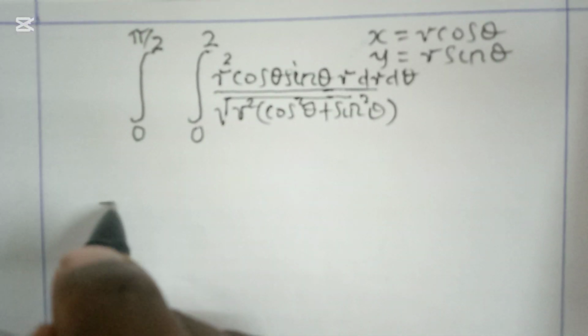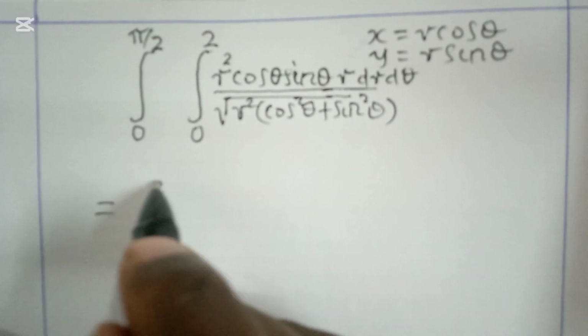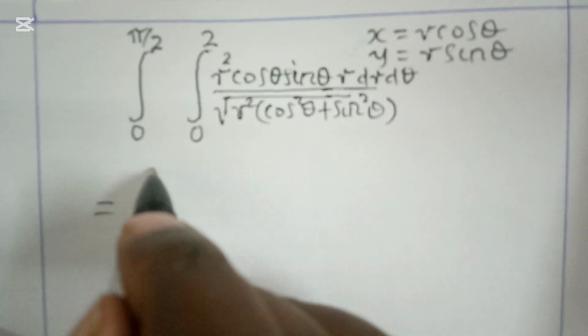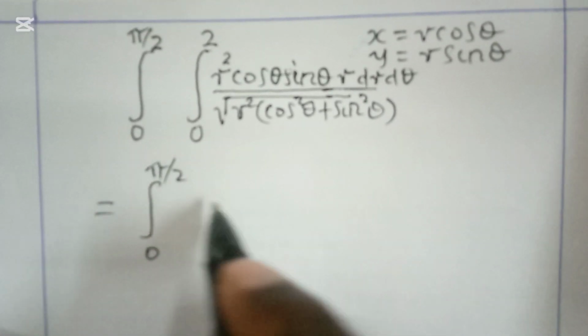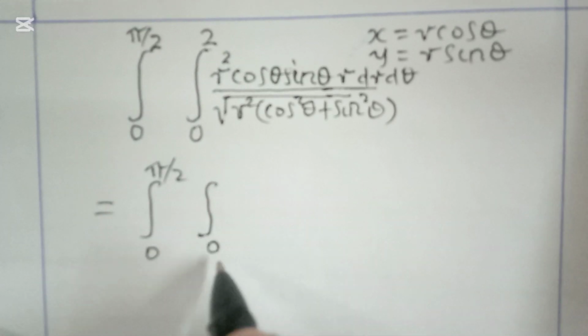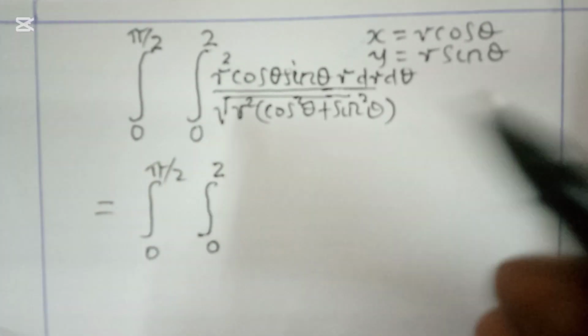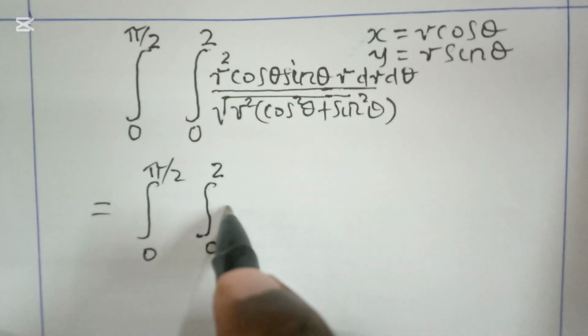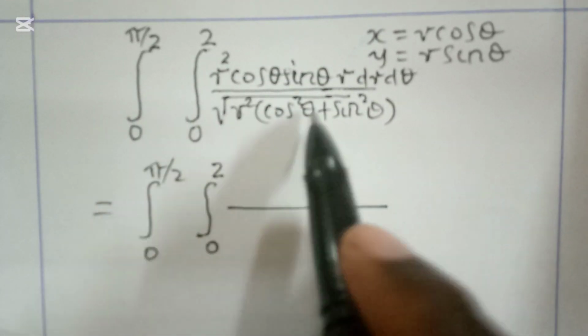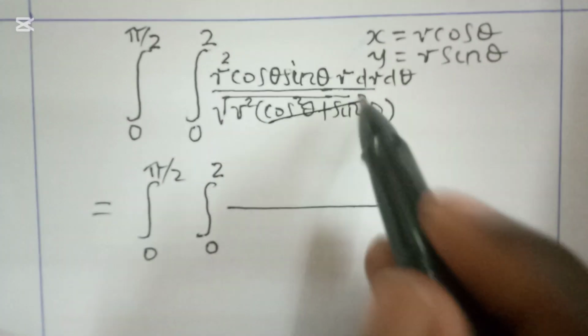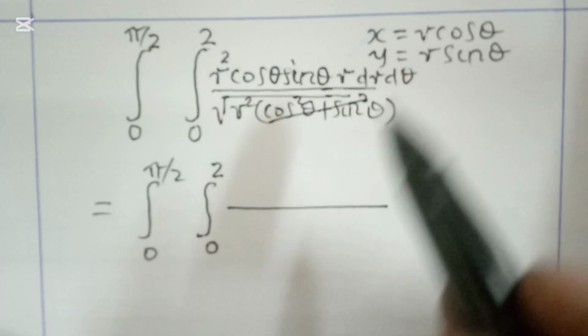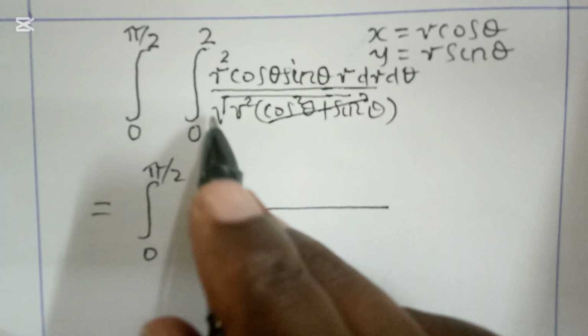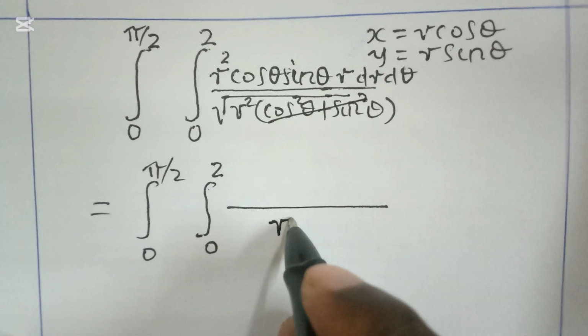So let's do that question. Here we have 0 to pi over 2, and again 0 to 2. Then for this one guys, this is going to be 1 according to the trigonometry. Then we are left with r squared, and square root for that is r.